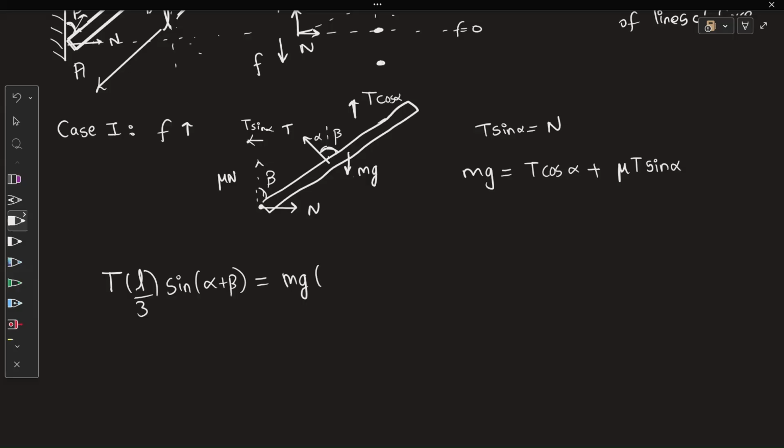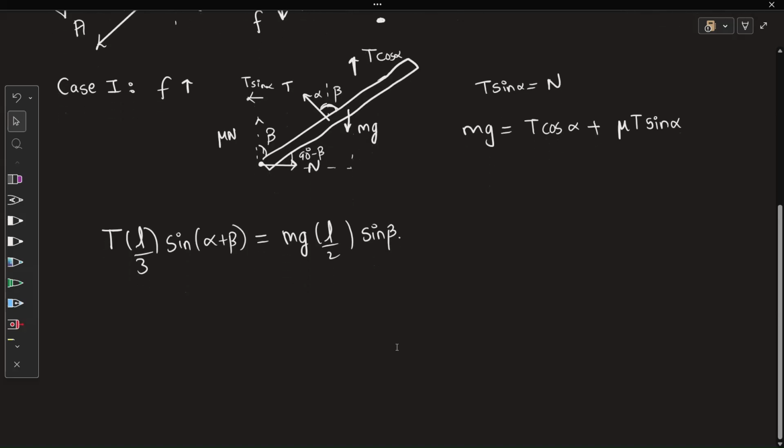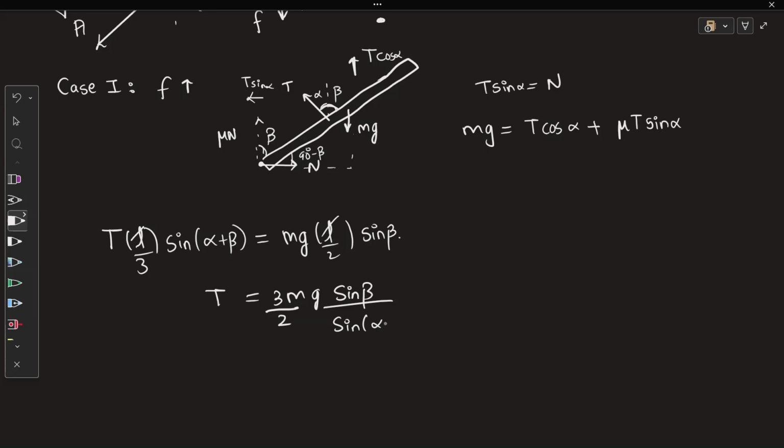So mg into L by 2 into cos of this angle, which is 90 degrees minus beta, so L by 2 into sine beta. Now let's cancel out L. So we get T is nothing but 3 by 2 mg sine beta whole divided by sine of alpha plus beta.